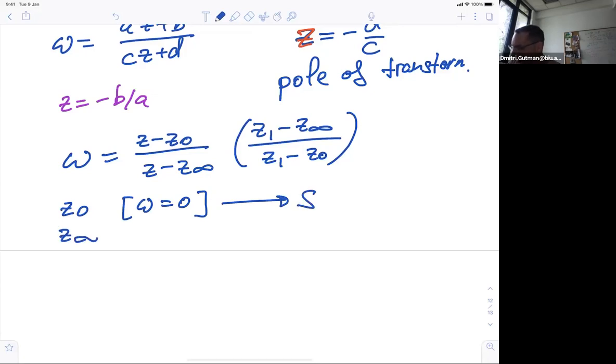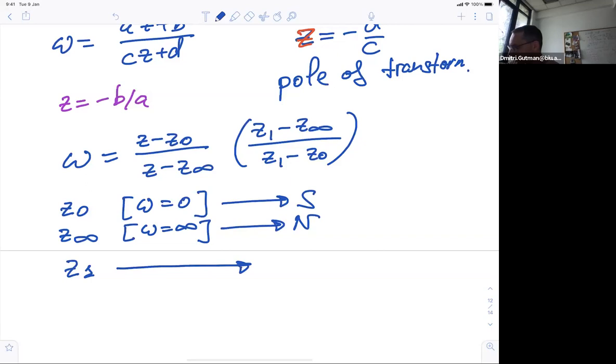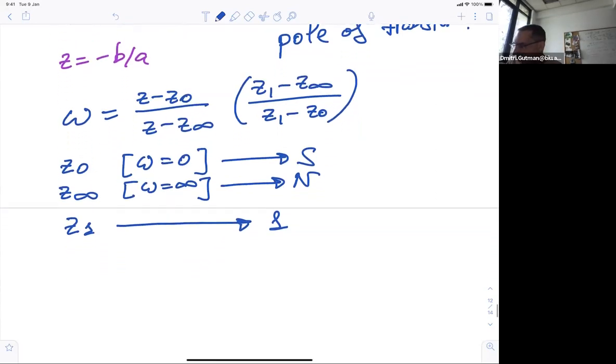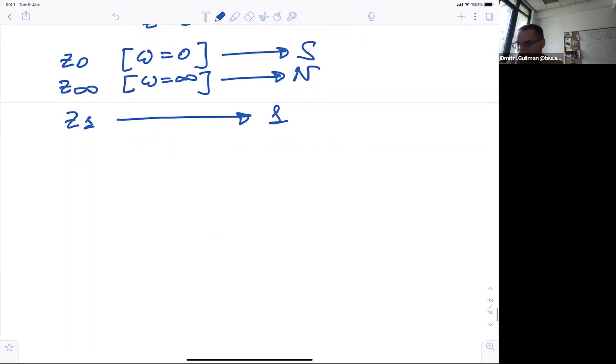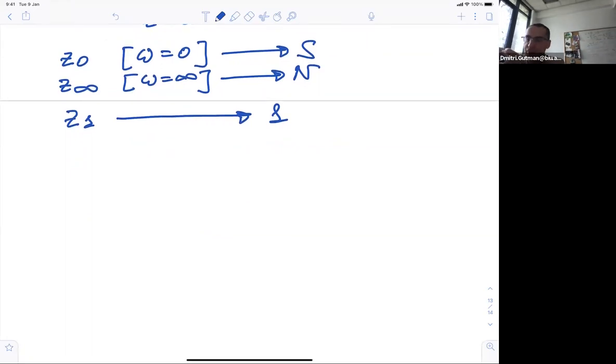The point z infinity is where w is equal to infinity in the sense of Riemann, and this point will be sent to the North Pole. And there is a point z1 which just happened to go to 1. The last point is not particularly special, I just chose 1 extra point to fully specify that transformation. I could have chosen 2. Okay, any questions about Möbius transformations so far?